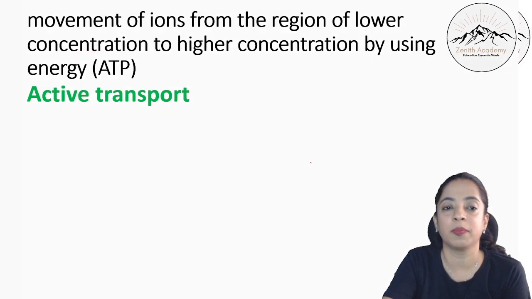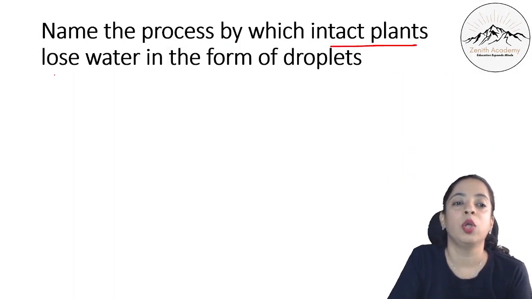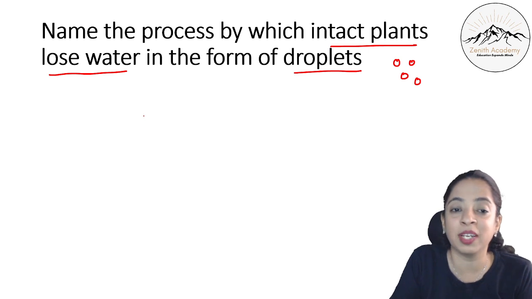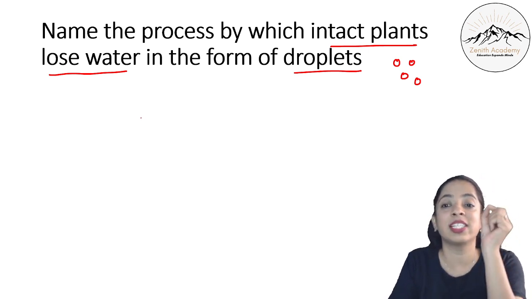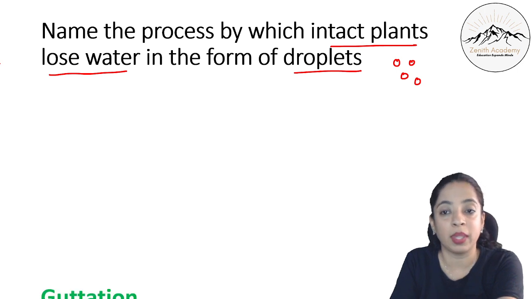Let's move ahead. Now name the process by which intact plants lose water in the form of water droplets. So when I taught you this chapter, I had given you very beautiful pictures of guttation wherein you can see the water droplets. You can watch those videos and understand the topic very well before coming here.